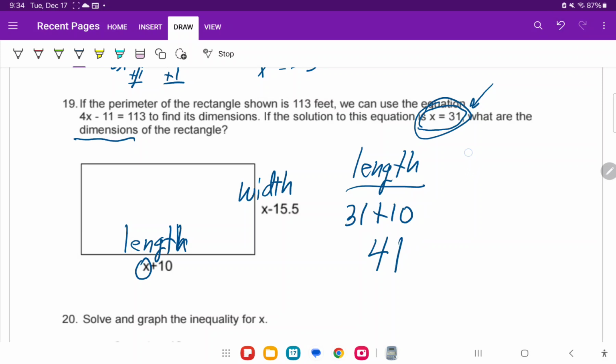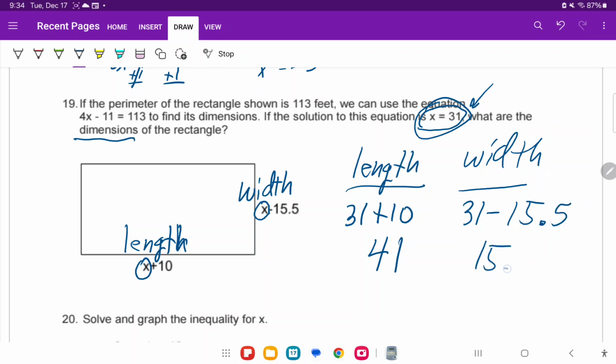And then for the width, it's x minus 15.5. So that's going to be 31 minus 15.5, which is actually 15.5. So the dimensions then would be 41 by 15.5.